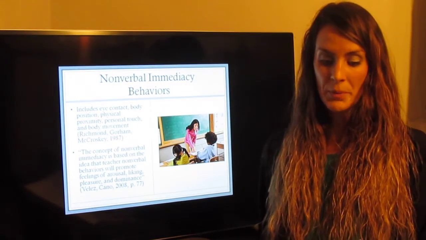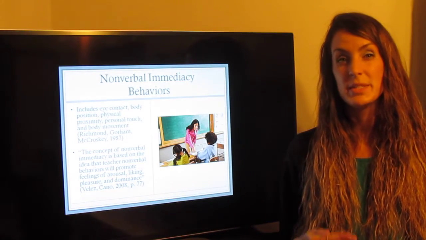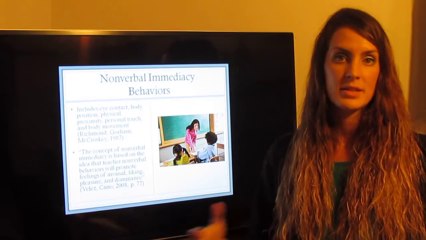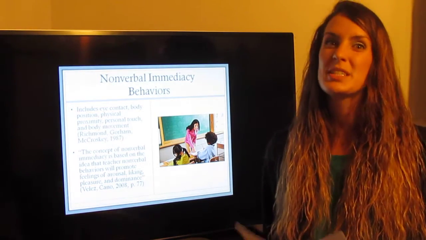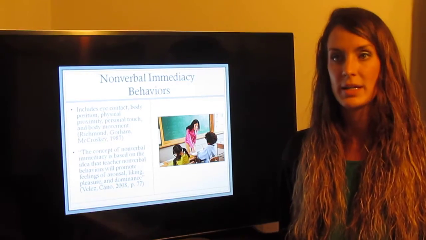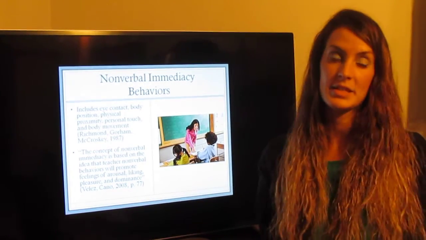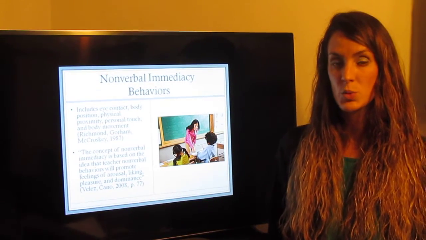So for example, when you have a teacher who is very enthusiastic about the material they are teaching, who is joyful and smiling and moves around in the classroom when they're teaching, as opposed to a teacher who seems unhappy and who doesn't move around and kind of just stands in the front of the class and teaches the class, that necessarily isn't bad. But from your perspective, which type of teacher would you rather listen to?